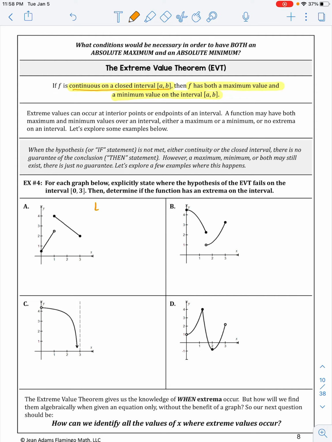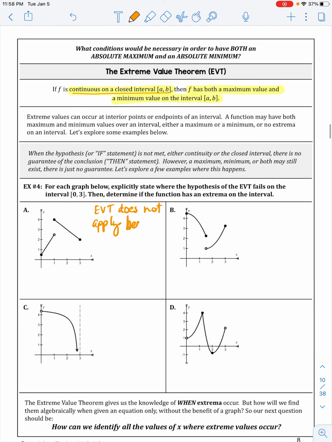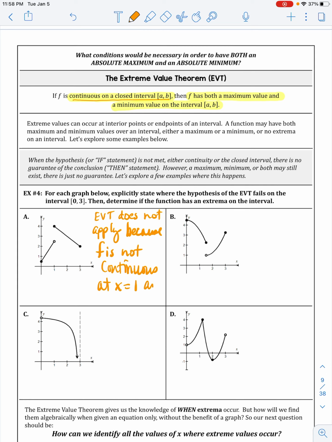So I would say that the extreme value theorem does not apply, because f is not continuous at x equals 1. And 1 is between 0 and 3.